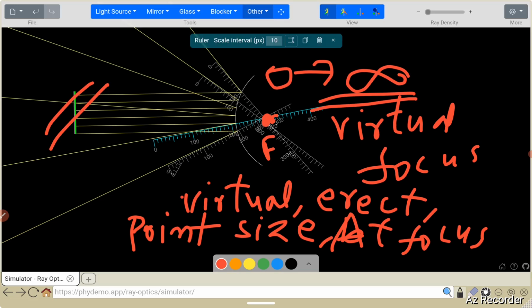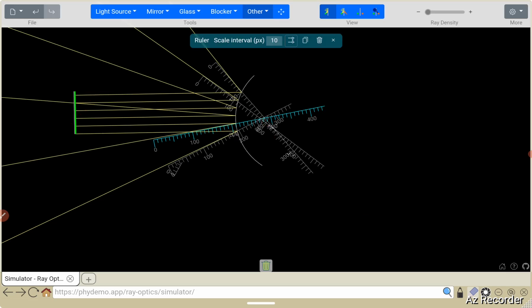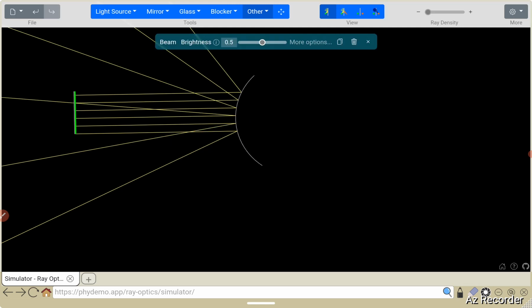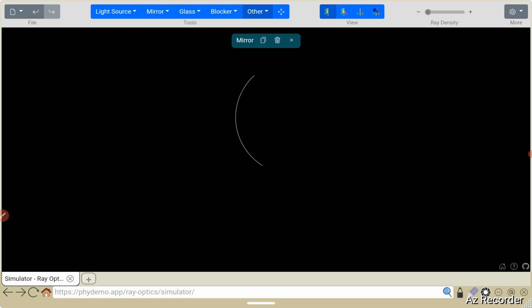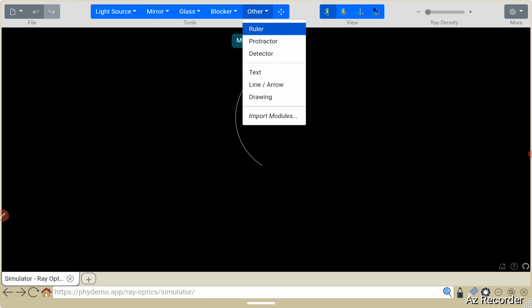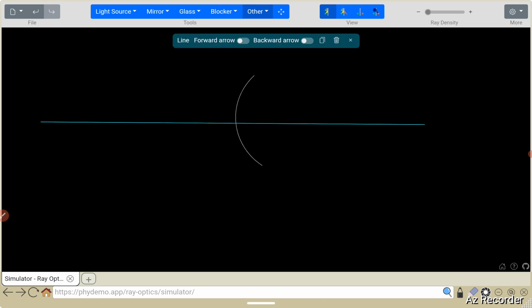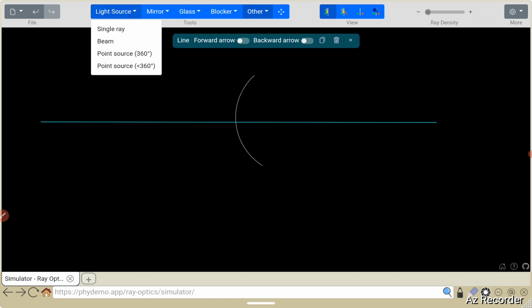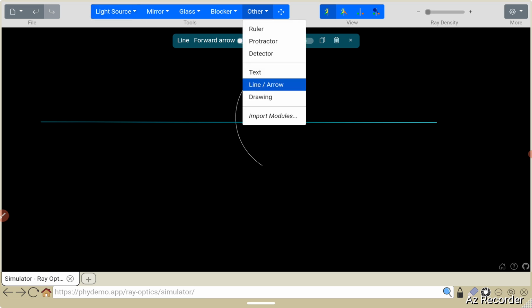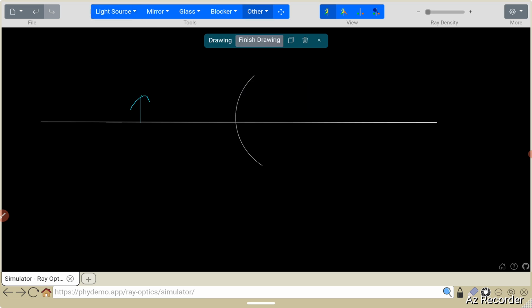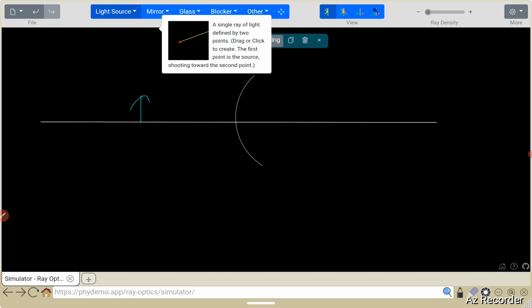Let's see the second case. What we have for convex mirror. The second case is what? We have the object placed anywhere between infinity and pole. Correct? Now let me take the principal axis and just we will take one object. Let me take this as object. Now let me take the light ray.